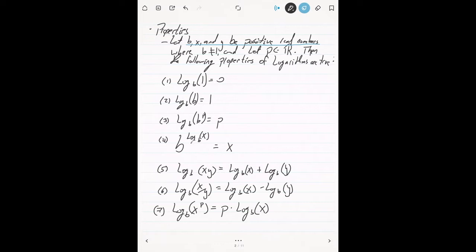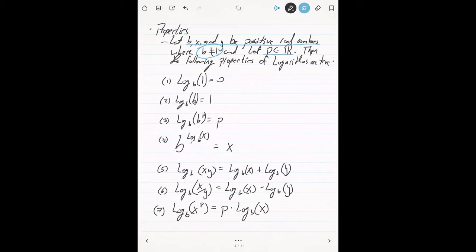But you should note to yourself that b here is not a 1. Do not let b be 1, okay? Also, sometimes you'll work with the term p. That's just a standard real number, okay? So pretty much everything here is a real number, except b, x, and y have to be greater than 0. And by the way, b isn't a 1.